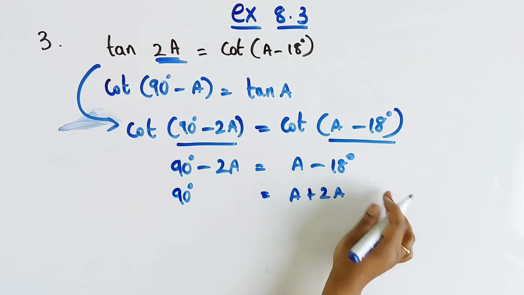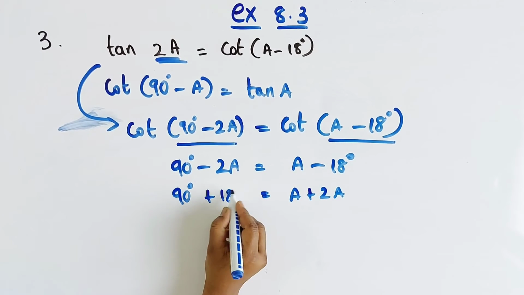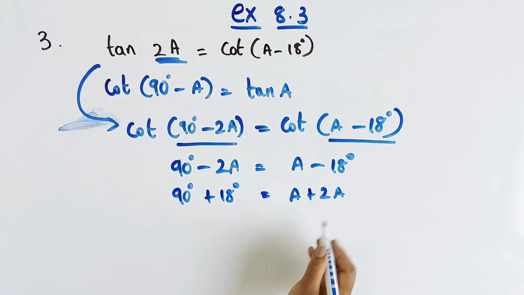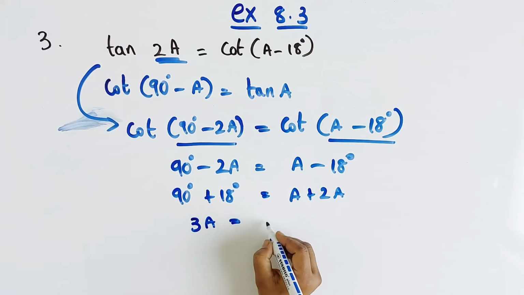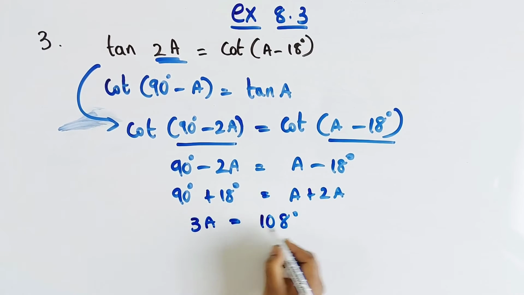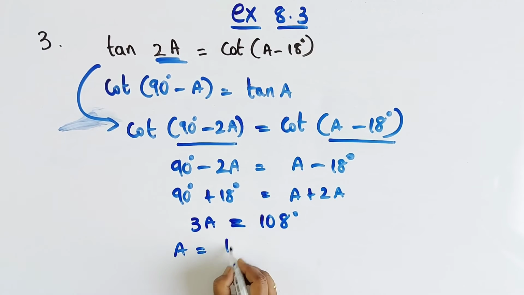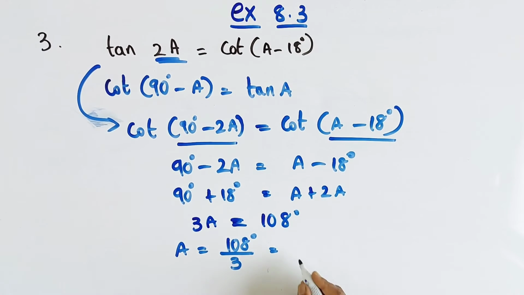This minus 18 will come this side, plus 18 degrees. Correct, children? Now a plus 2a, 3a equals 108 degrees. From this we can find the value of a: 108 degrees by 3, that equals 36 degrees. So the value of a is 36 degrees, children.